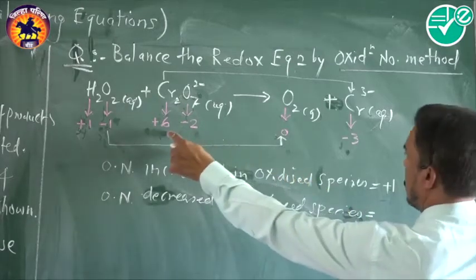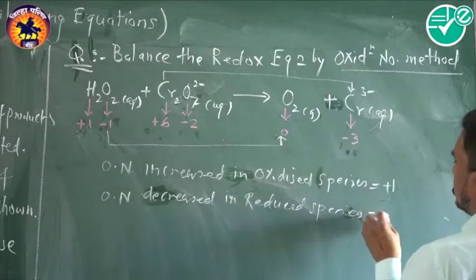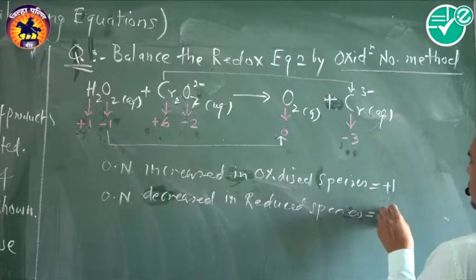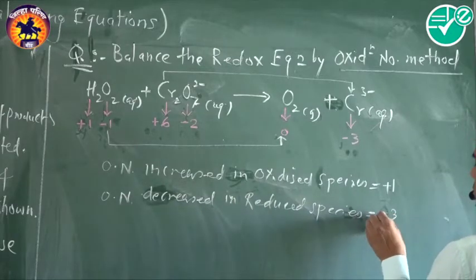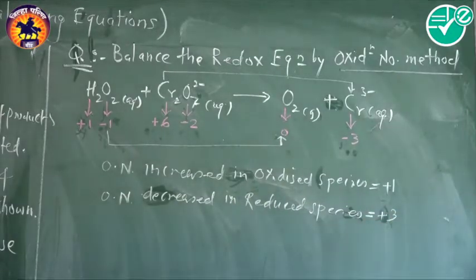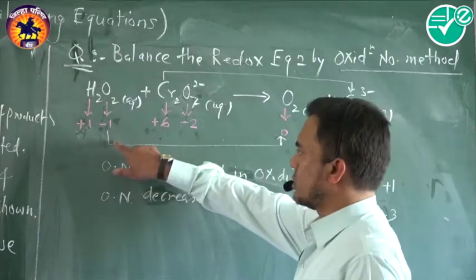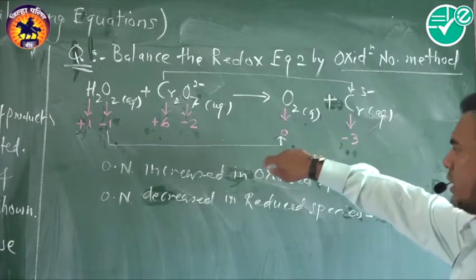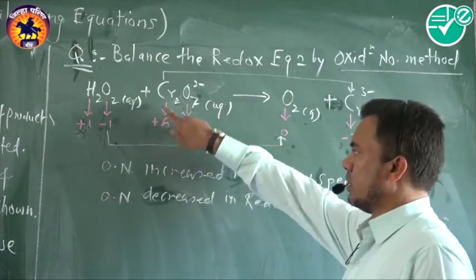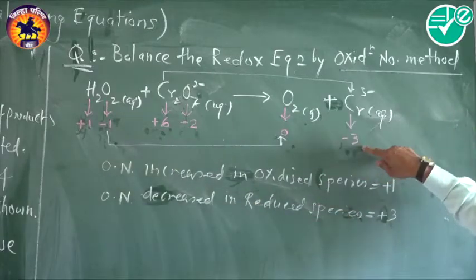How much? +6 to +3, so it is a decrease of 3. Here the increase is +1 from hydrogen peroxide, oxygen -1 to the oxygen molecule 0, and here the chromate oxidation state of +6 changes to +3.